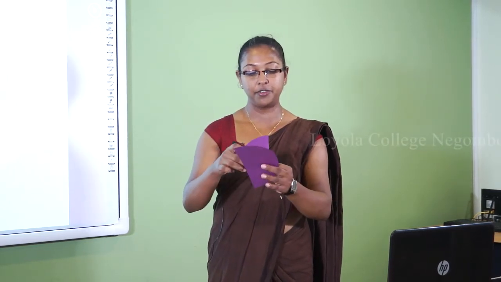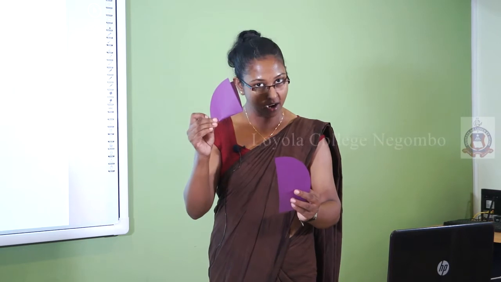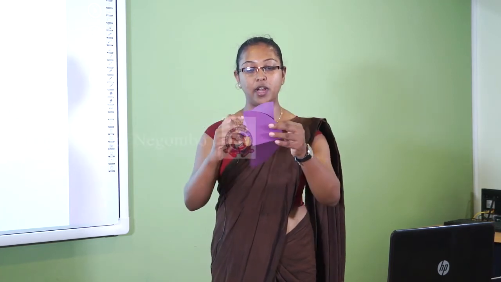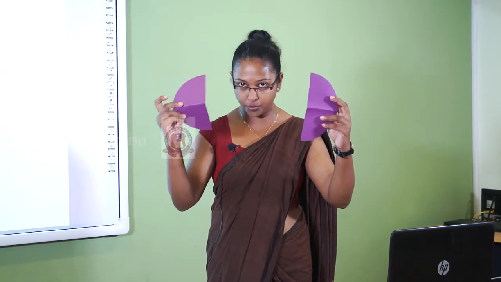Right. To make it, you have to divide 1 half into 2 equal parts. Here, the 1 half was divided into 2 equal parts. Shall we cut and see what will happen?